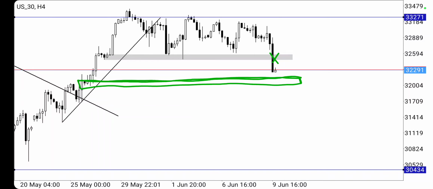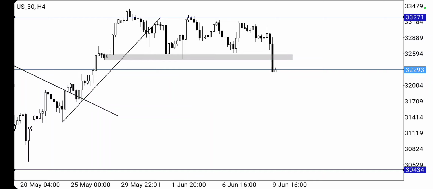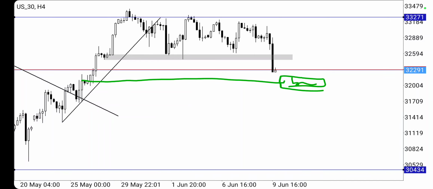Those of you trading H4, this is your area. When you get there, you can look for buying opportunities. But remember, we don't just go in because our bullish trend line has been broken on this time frame. We can't go and place a buy limit. Why? Because we are not bullish on this time frame.